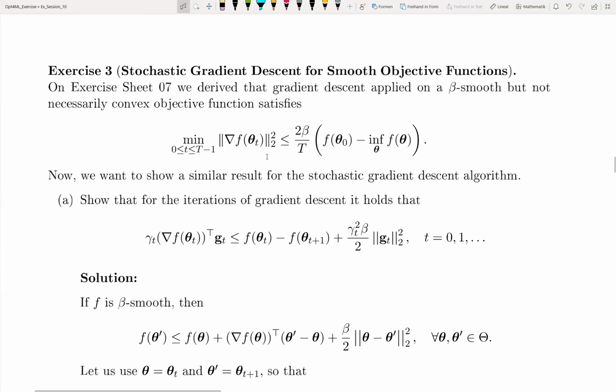Because it's telling us at least that we find some, or perhaps find a local minimum, or an extreme point within the iteration. In the sense that if we look at the minimum squared Euclidean norm of the gradients we encountered, then this minimum will tend to 0.